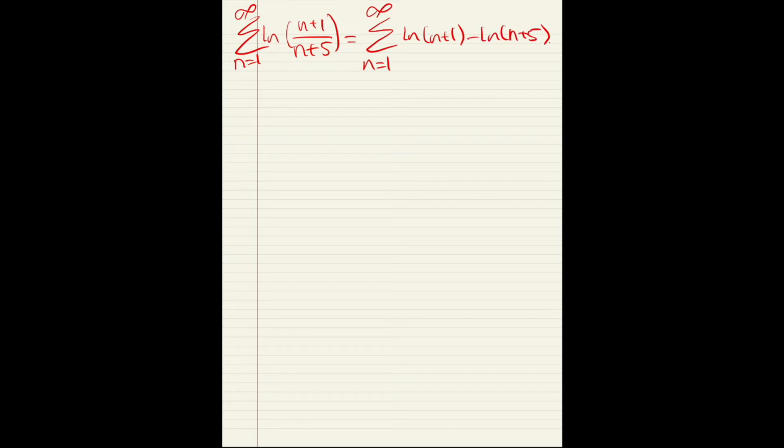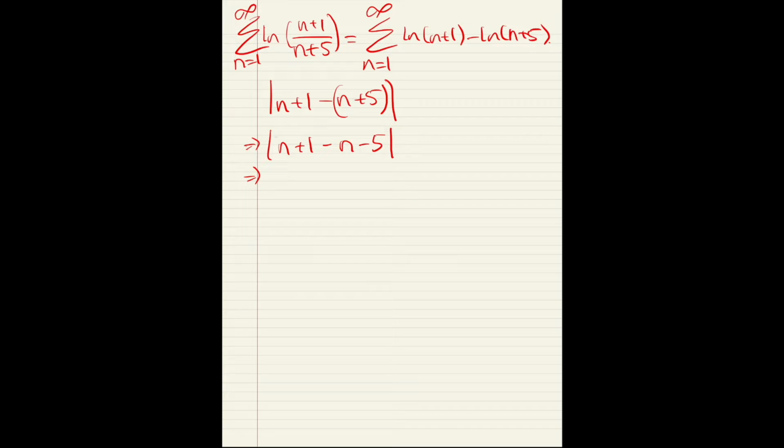For example, ln of n plus 1 over n plus 5, series from n equals 1 to infinity. You can rewrite this as the series of ln of n plus 1 minus ln of n plus 5. First step, check for the n values: n plus 1 minus n plus 5, which equals n plus 1 minus n minus 5.